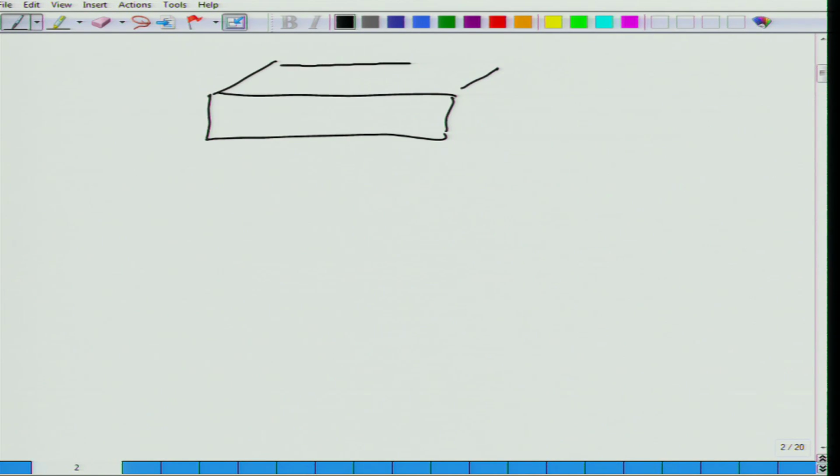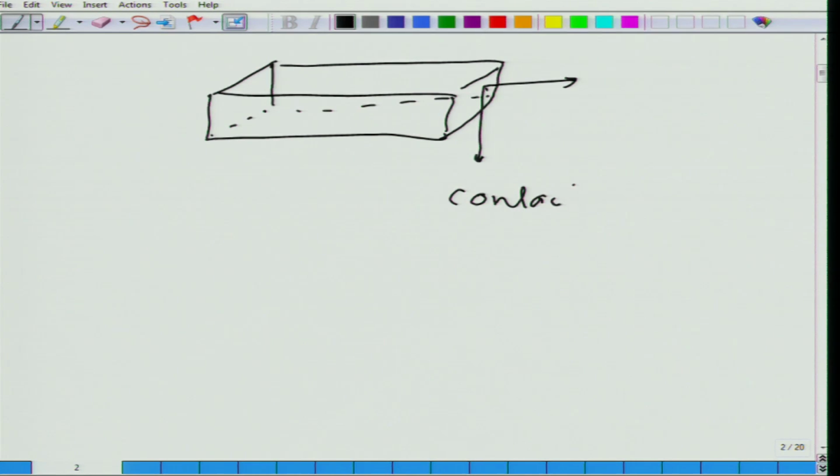The only thing which happens differently in the case of materials is that when I made a resistor of a certain dimension, I assumed that when I make connection to this device to the outside world through a wire, there is a contact at this point and there is another contact at this point.